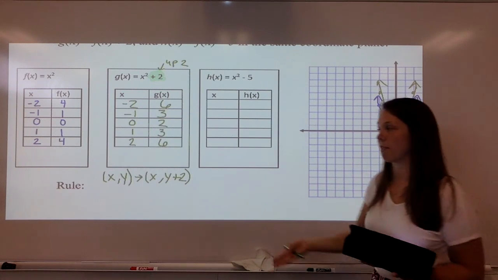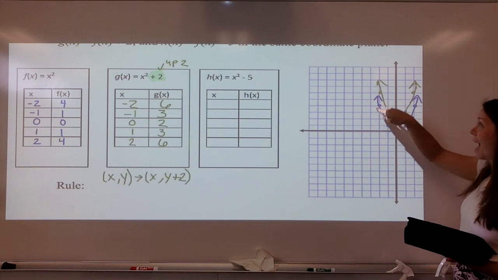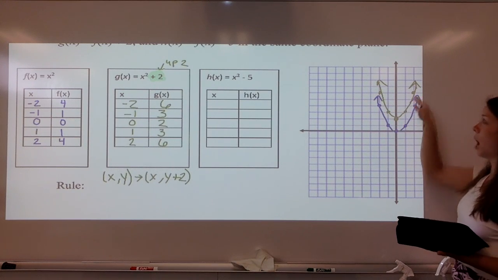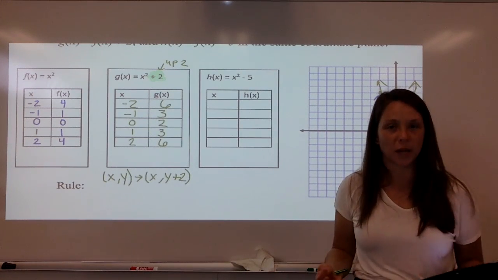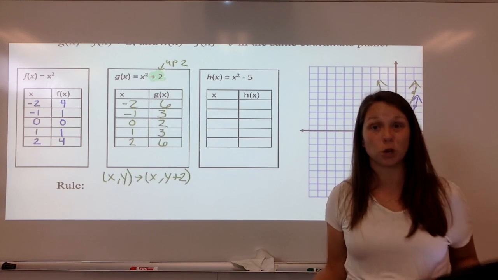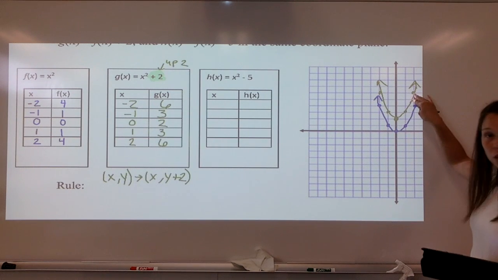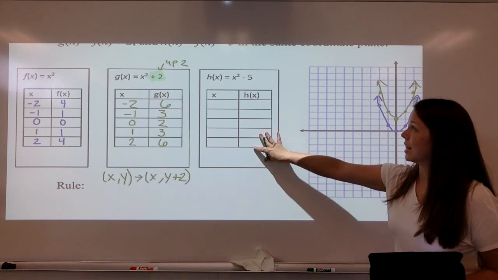Another way that I could have graphed it, other than applying the rule, is I could have looked at these points I originally had and just moved them up 2 units versus applying the rule. So know that there's going to be multiple ways to approach these problems, and that's okay. If you figure out a method that works for you and still gets the same end result, that's okay.